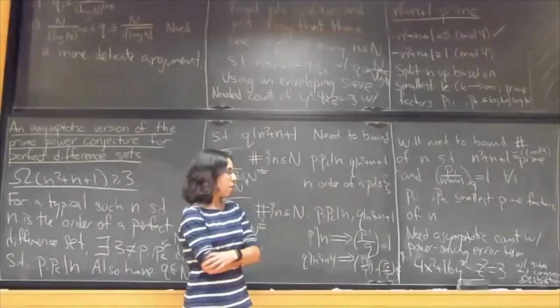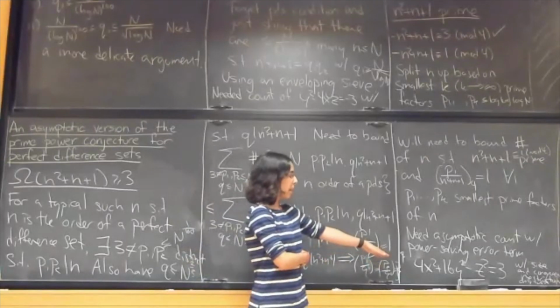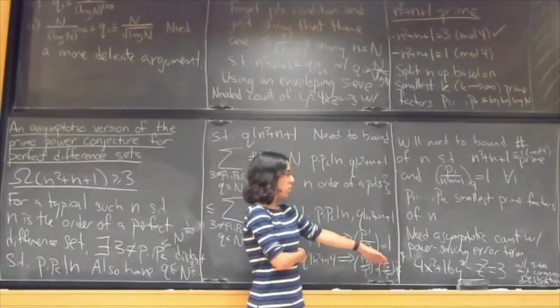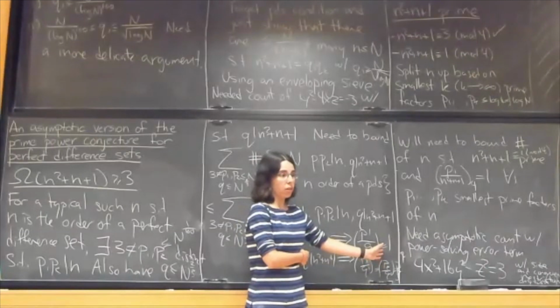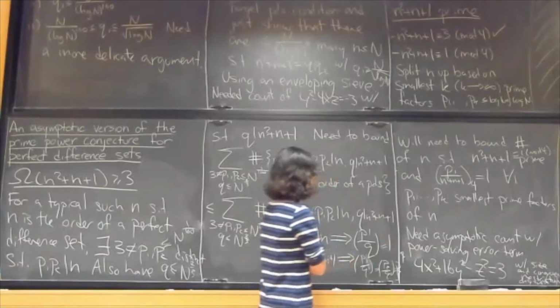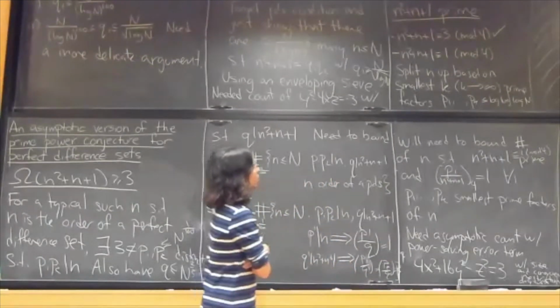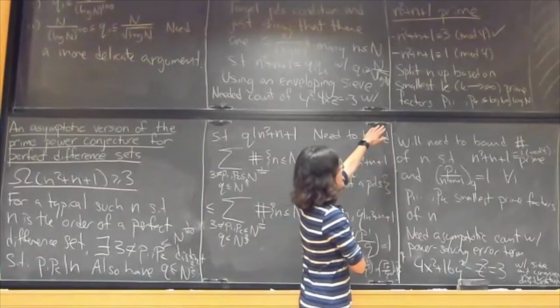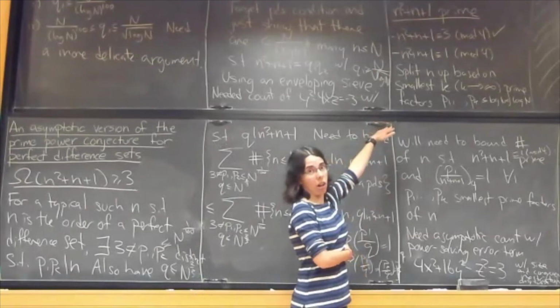So improving the point counting, I think, would only save you a constant factor somewhere. The biggest obstacle is this thing I do where I split up n based on the smallest k prime factors below log log log.